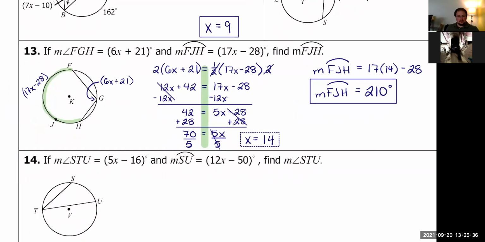So there we have it. Number 14, very, very similar in the setup.